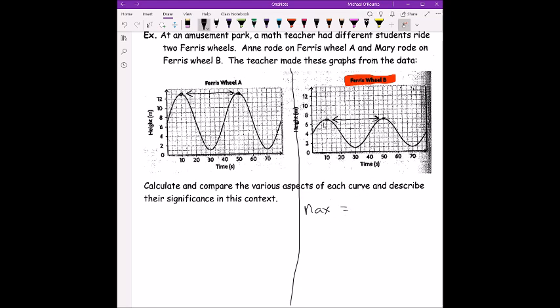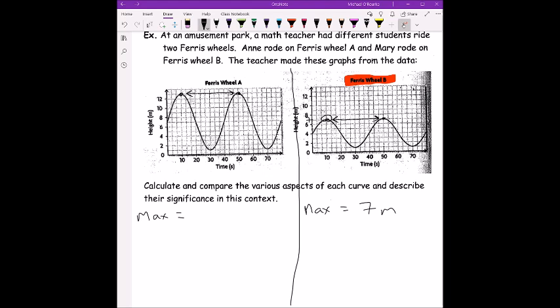My Ferris wheel B, its max here is 7 meters. What's your Ferris wheel's max? Anyone tell me in chat? Or live, yell it out.